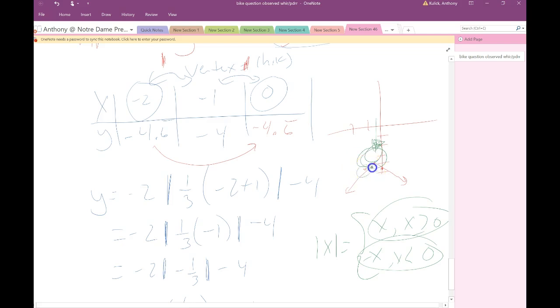And then you need to have 1 point on each side because each piece is a linear function, so you need to know what the piece on the left and the piece on the right of the vertex look like. So you have to have that much information. That's really why this becomes the best way to do it, because it's the minimum amount of information you need to get an accurate graph.